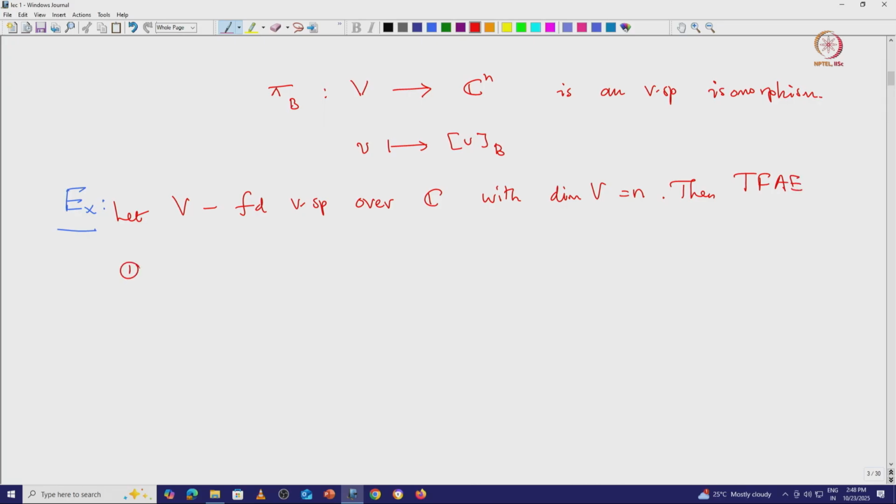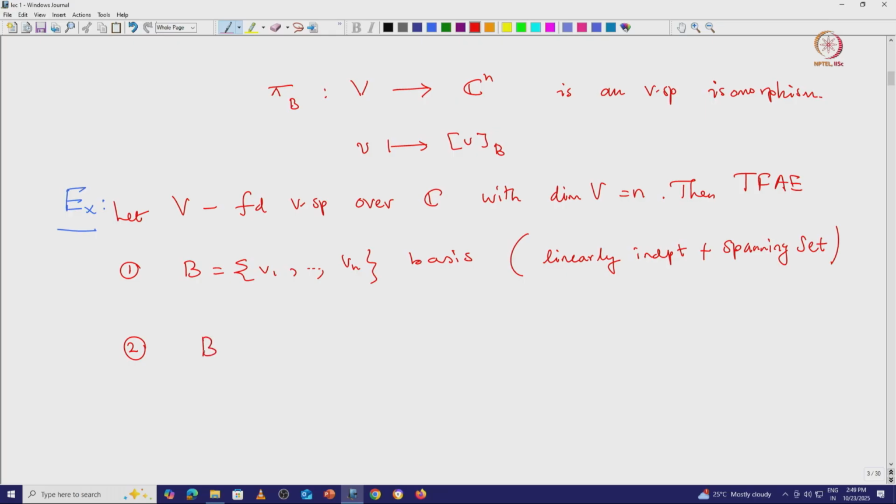The very first statement: the set B is a basis. Recall that a basis means it must be linearly independent and it should span the vector space V. So, it is a linearly independent plus spanning set. The second equivalent definition: B is a maximal linearly independent subset of V.